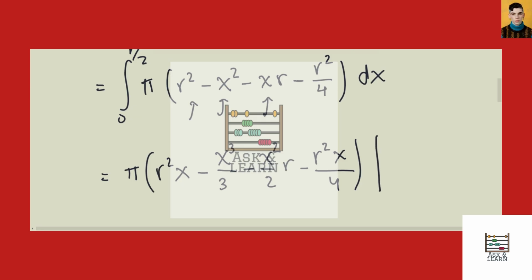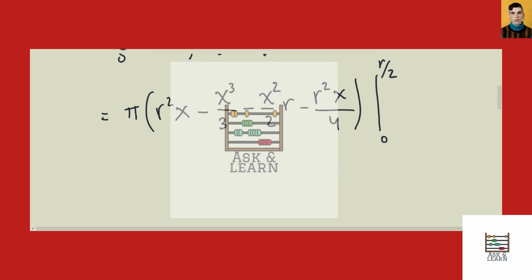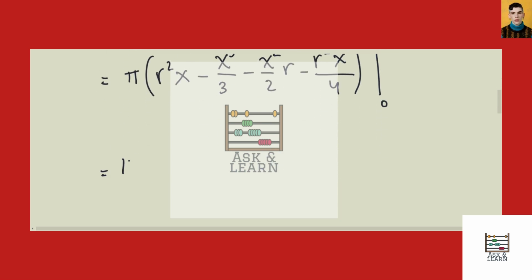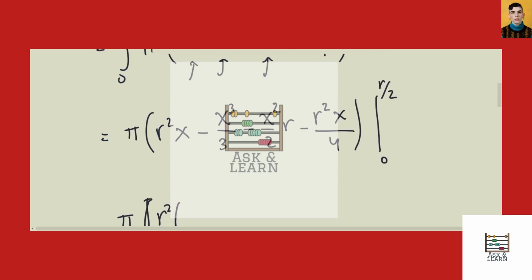So this is evaluated from 0 to r over 2. When we have done this, we can simply substitute. We know that when we evaluate a definite integral, it is the function evaluated at the upper limit minus the function evaluated at the lower limit.